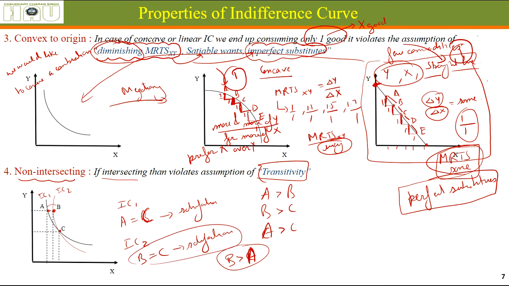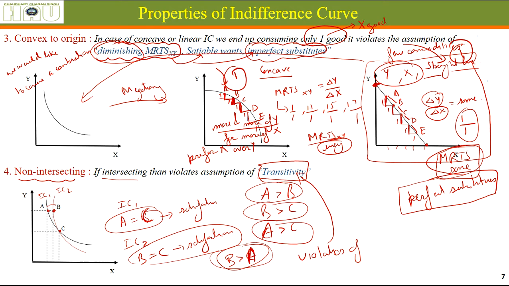B is equal to C, and B is greater than A, but A is equal to C. So we have something fishy here. It violates the assumption of transitivity, which simply says if A is greater than B and B is greater than C, then A should be greater than C. But in this case, this is not happening. So these indifference curves can never intersect each other.